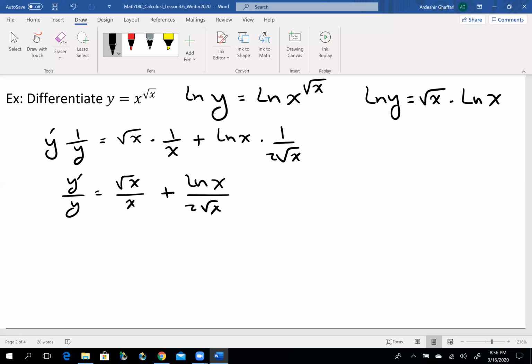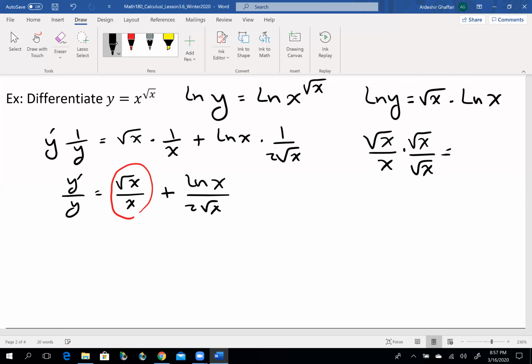So now let's do this on the side. Let's just concern ourselves with the square root of x over x. I'm going to multiply both numerator and denominator by the square root of x.